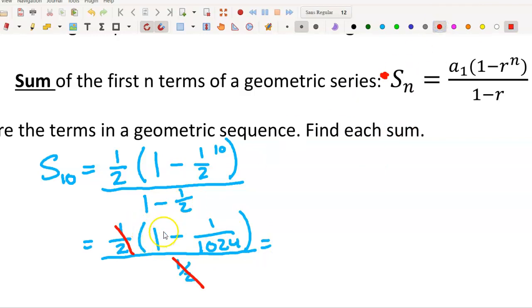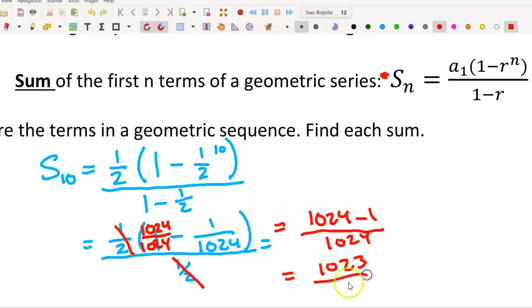And we need a common denominator here, which of course is 1024. So 1 is the same as 1024 divided by 1024. That equals 1. And we got common denominators, so we have 1024 minus 1 over 1024, which of course is 1023 over 1024.